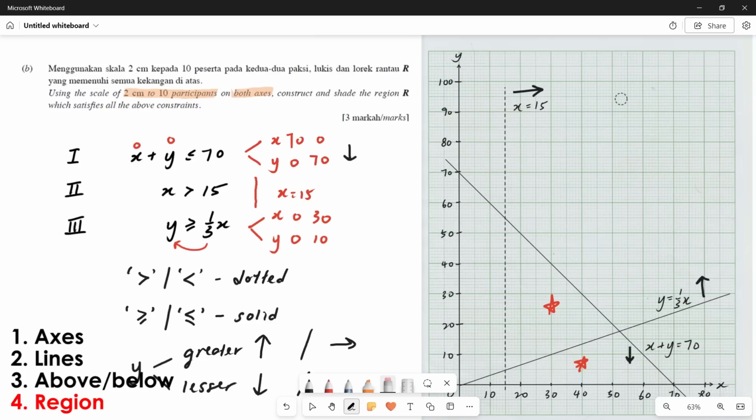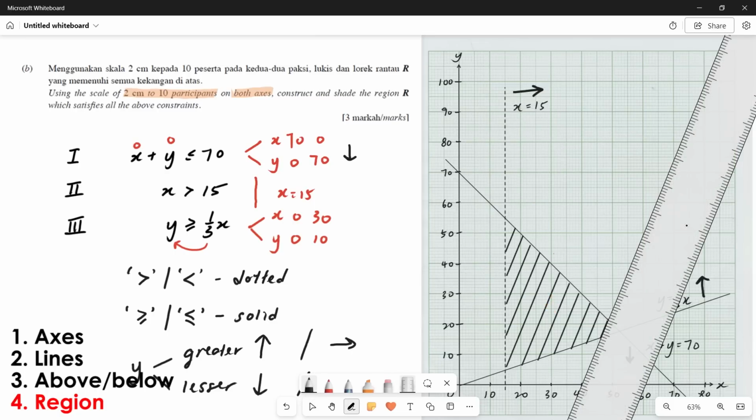And for the third line, we are going to look at the region which is above the line, so this one I need to remove. Okay, so this would be our region R. Now we are going to shade it and then label it with the letter R.